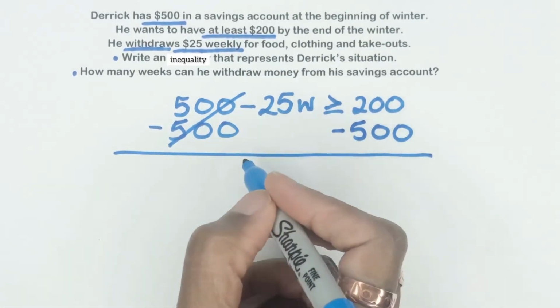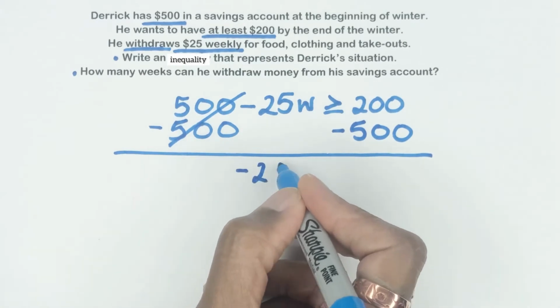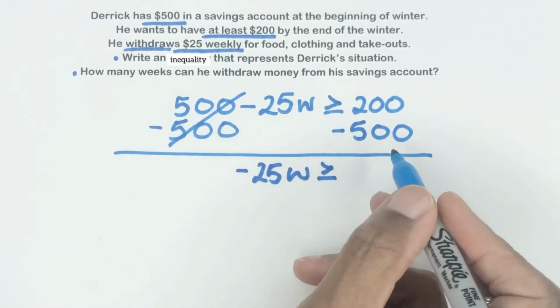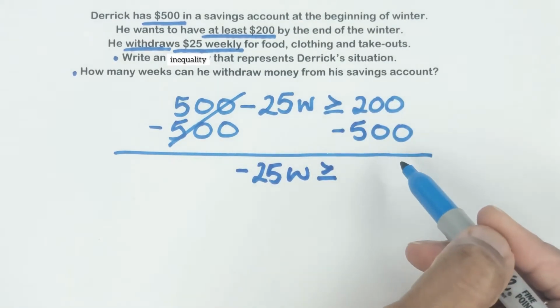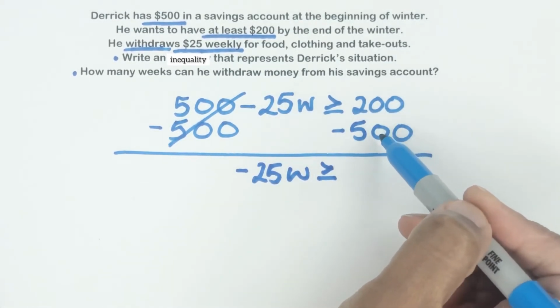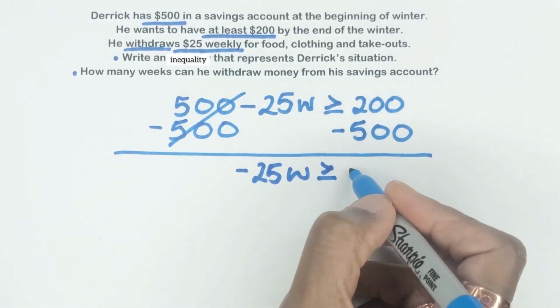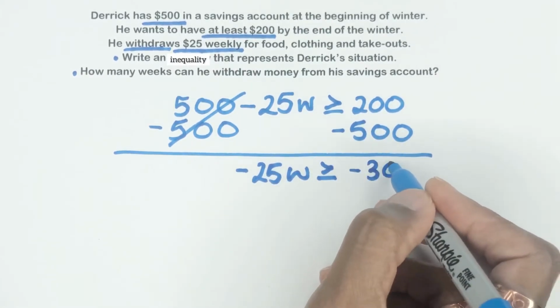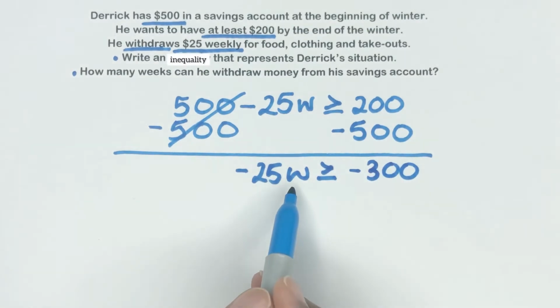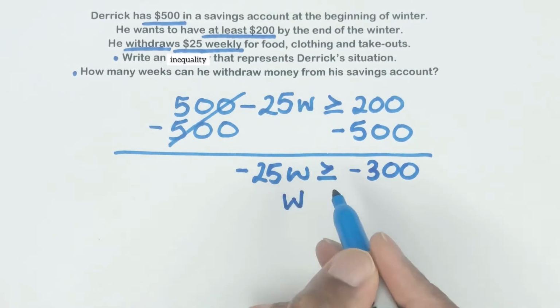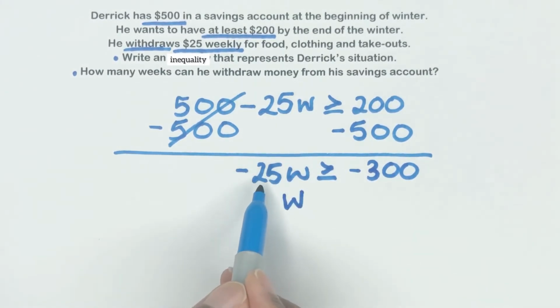So what do we have left? We have minus 25W is more than or equal to, and then we have to solve this half. So 200 minus 500 is going to give us a minus number, right? So that's going to give us minus 300. Now we're still trying to solve for the how many weeks. So what we have to do now is we want to solve for the W, but this minus 25 is with it.